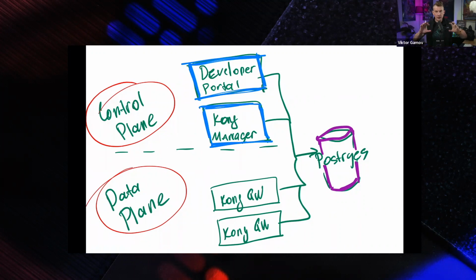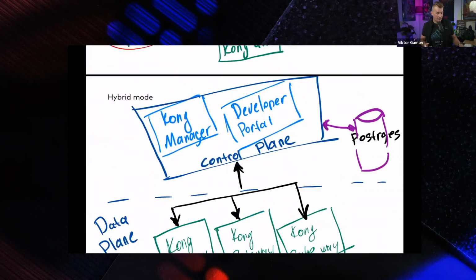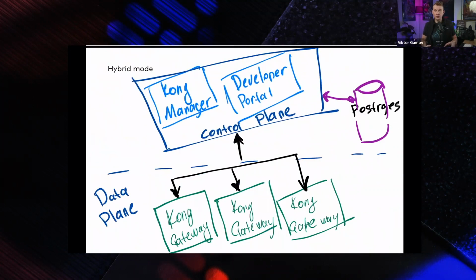Now, this is the moment where a couple of years ago, we turned things around and introduced this configuration that we called hybrid mode. In hybrid mode, Kong Gateway is not connected to this database. It's connected to another Kong instance that has a different role.